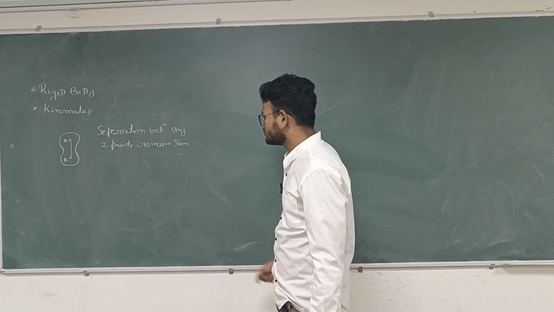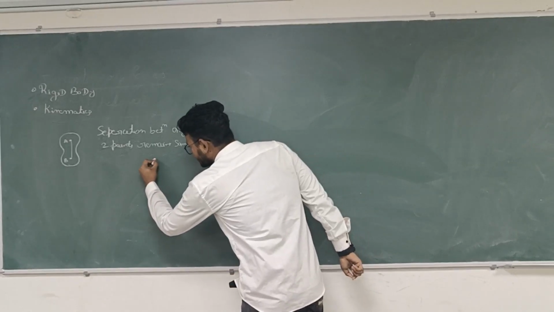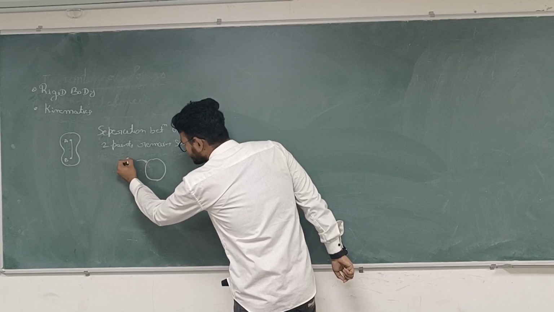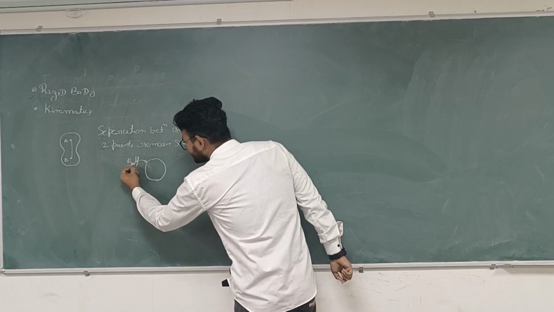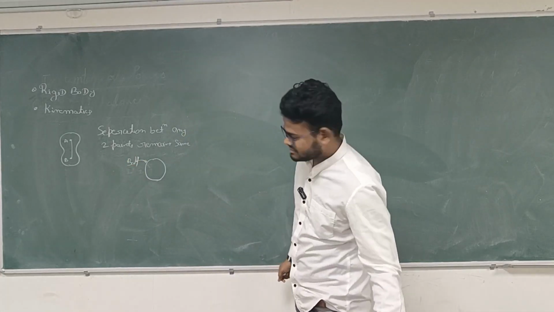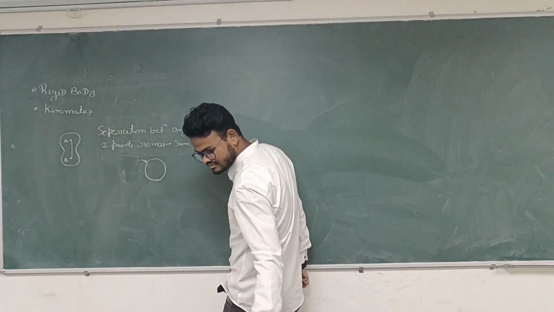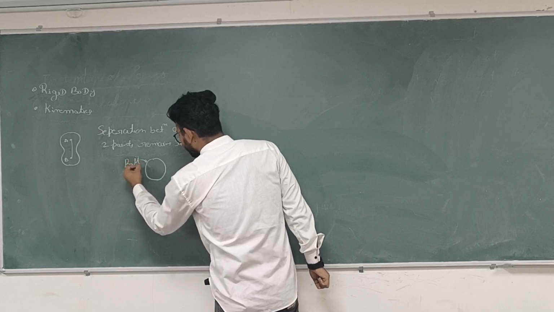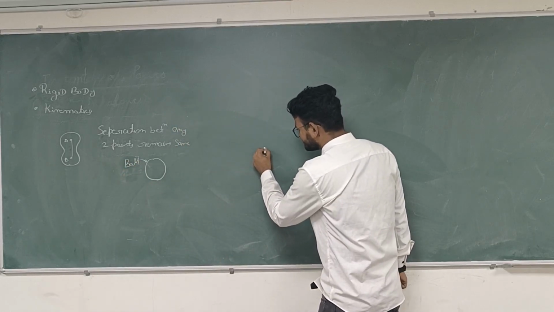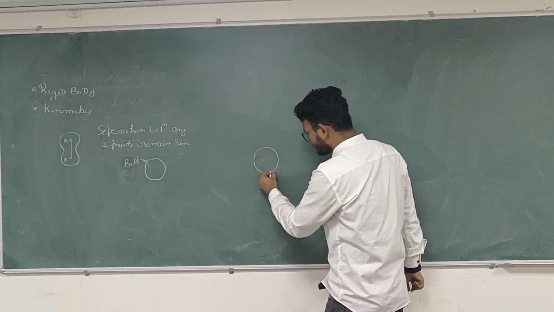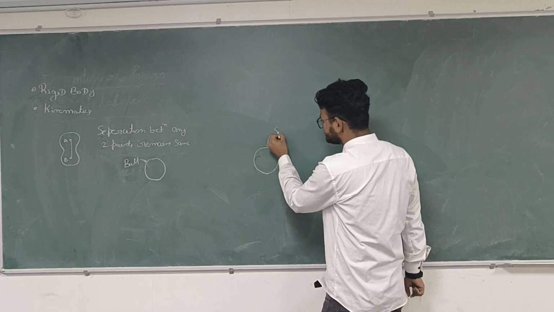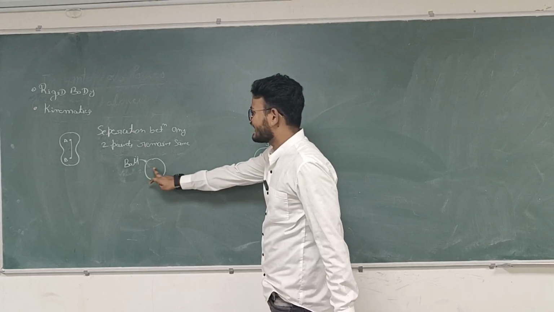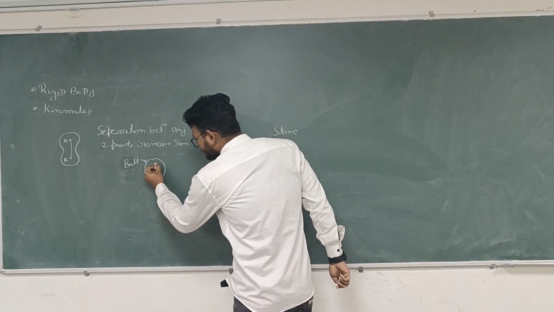Let's suppose we have two bodies. First one, let's suppose we have a football, or we can say a basketball, a ball, and the other body is, let's suppose, a stone.